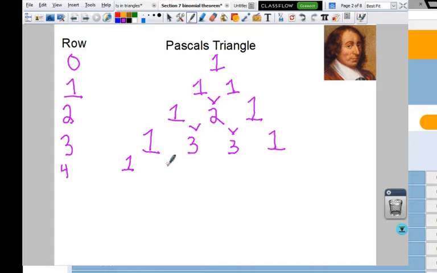And we're going to add together the 2 above it. I'm going to go 1 plus 3, which is 4, and I'm going to put that in the middle. In this spot, I'm going to add 3 and 3 to get 6. In this spot, I'm going to add 3 and 1 to get 4. And then I'm going to end with 1. Okay? We're going to go to row 5.